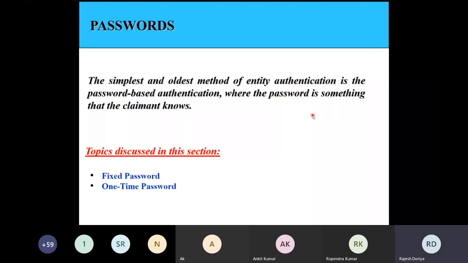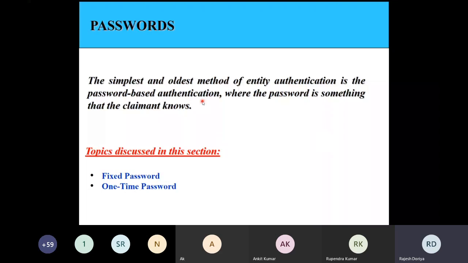So in the first one, what happens? We make use of a password which proves the identity of the claimant, and this is the simplest and the oldest method of entity authentication. Okay, and we call it password based authentication. So what happens in this particular case?